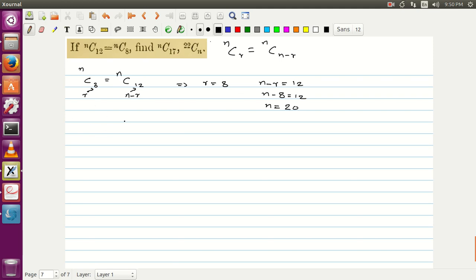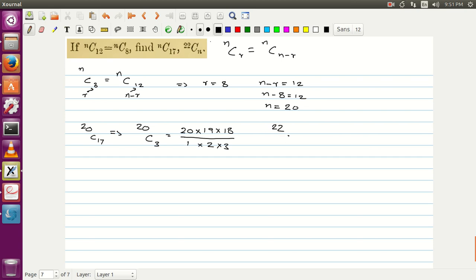Once we know that n is equal to 20, the rest of the problem is very simple. You have to find 20C17, which is actually equal to 20C(20 minus 17), which is 20C3, and you can write this as 20 times 19 times 18, 3 terms in the numerator, divided by 1 times 2 times 3, and use your calculator to find this.